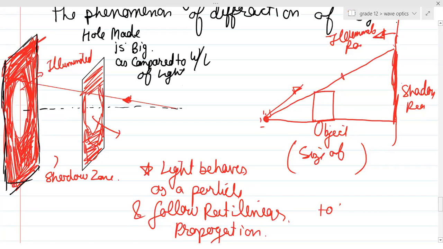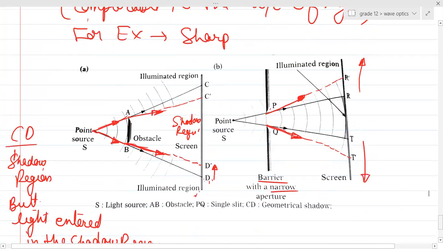Guys, are you done with the diagram? If you are done, then I will show you this video. Just tell me whenever you're done. Okay, done.